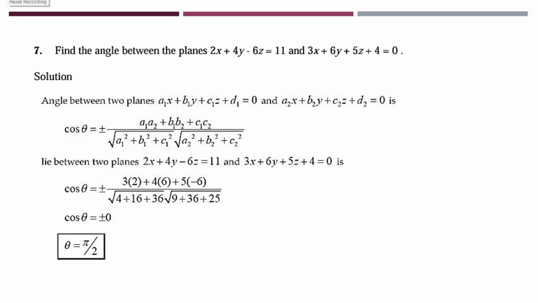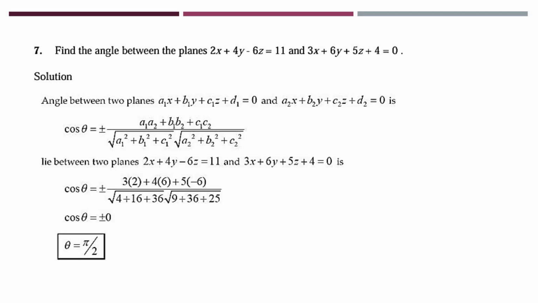Next problem is find the angle between the planes 2x + 4y - 6z = 11 and 3x + 6y + 5z + 4 = 0. The angle between two planes formula is cos theta = plus or minus (a1a2 + b1b2 + c1c2) divided by root of (a1 square + b1 square + c1 square) times root of (a2 square + b2 square + c2 square).